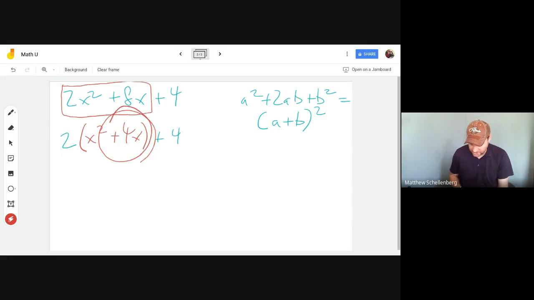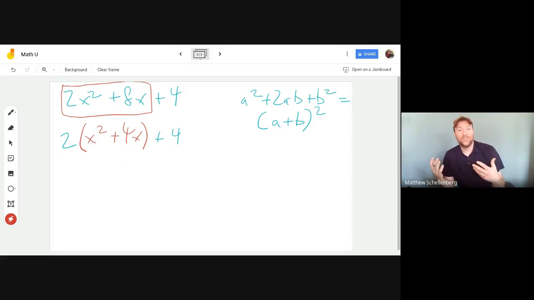So if 4x is actually 2ab, then in order to get to b, I have to divide by 2. And the a is the x, so I have to divide by 2x. So that would leave me with 2. And then I square that to get my b squared. And so my b squared would be, in this case, positive 4.